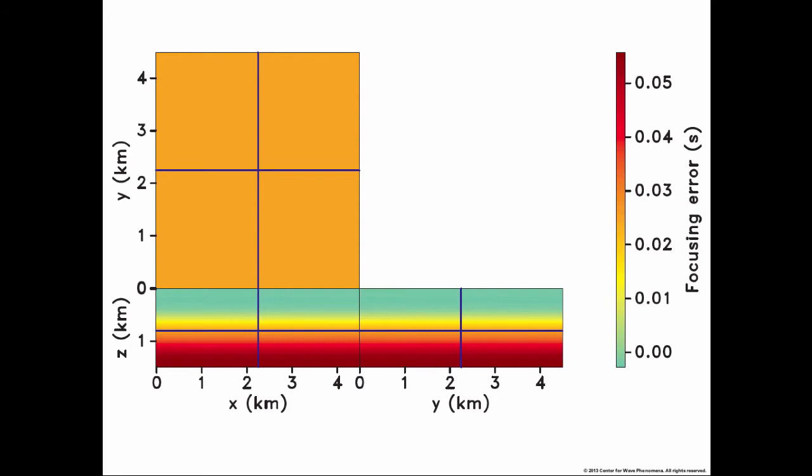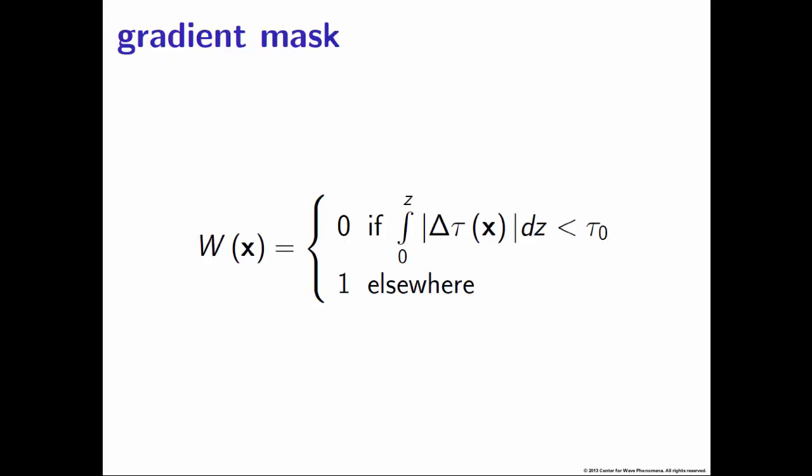So the way we construct the mask is simply by computing the accumulated delta tau from the surface to the subsurface. So if the accumulated delta tau is less than a threshold delta 0, then we consider the corresponding area has no velocity error, and we should not update the velocity model in this particular area.